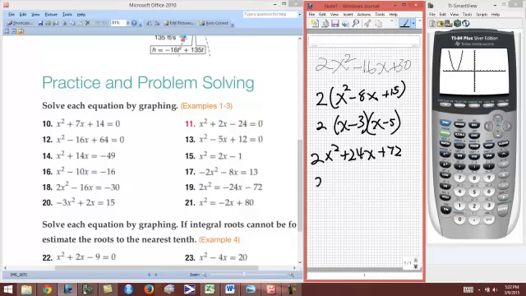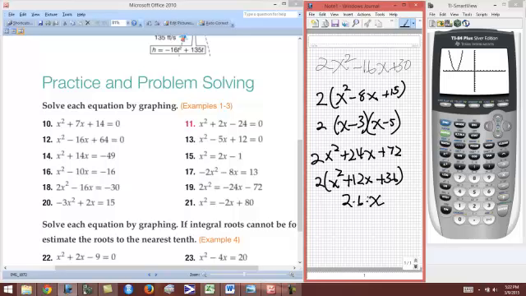Take out the 2. We got 2 times x squared plus 12x plus 36. Now, 36 is a perfect square. Obviously, x squared is a perfect square. The first term is a perfect square once the 2 is factored out. So, does the middle term equal 2 times a times b, in other words, does it equal 2 times 6 times x?